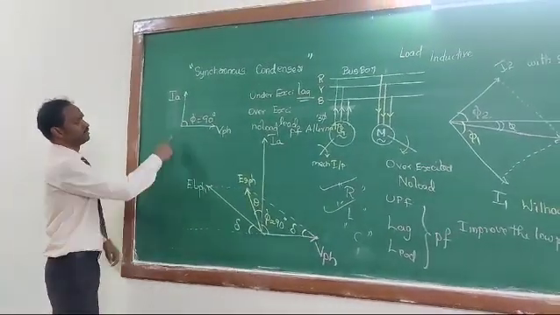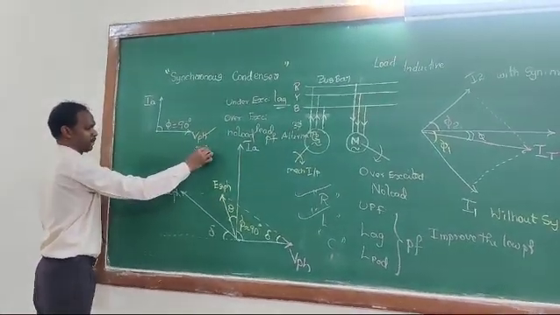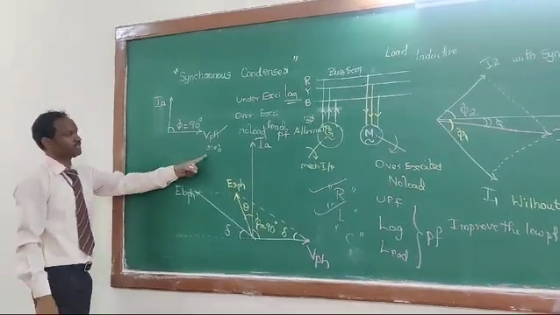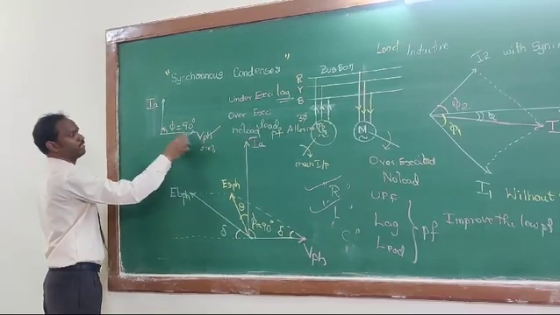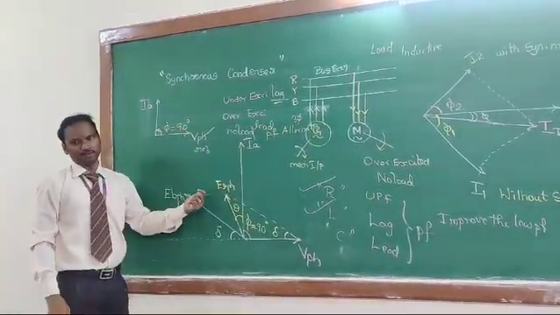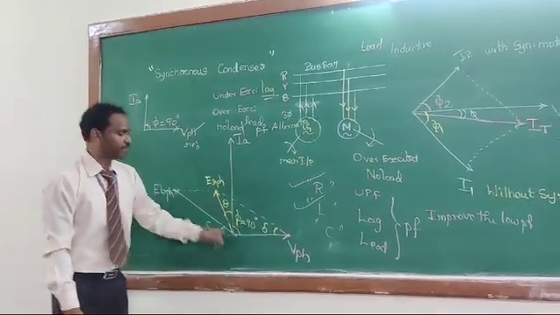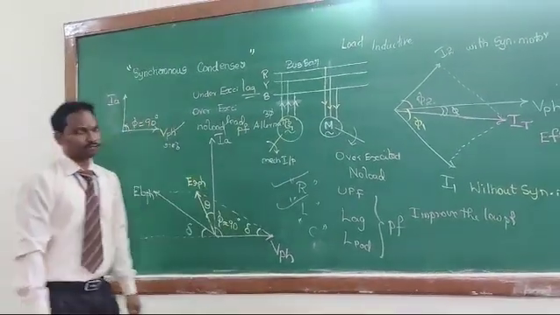Okay. So now the phasor diagram shows we are taking voltage V phase as the reference, and the current IA leads the voltage by an angle of 90 degrees. This is the phasor diagram for a synchronous motor.